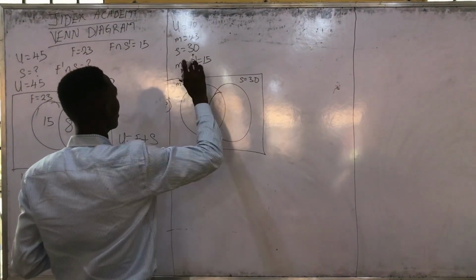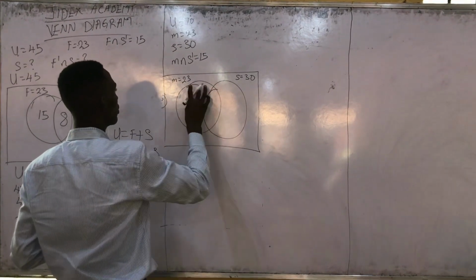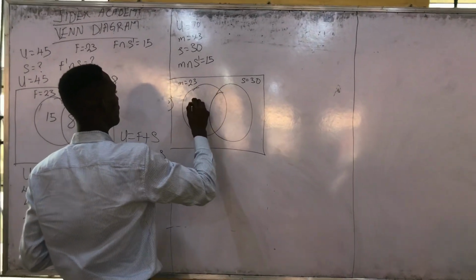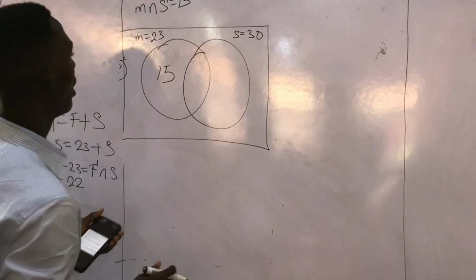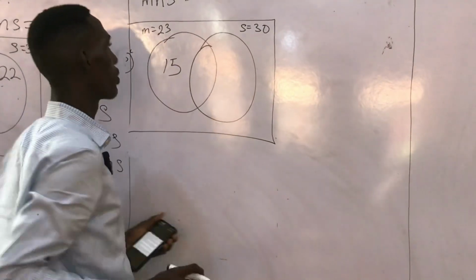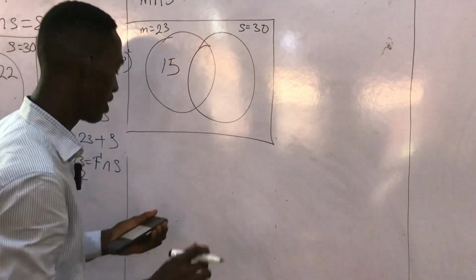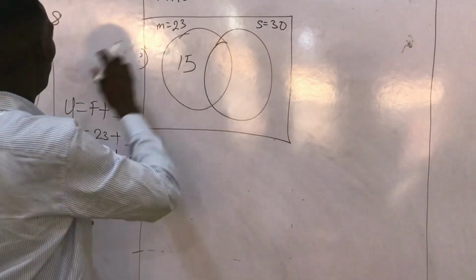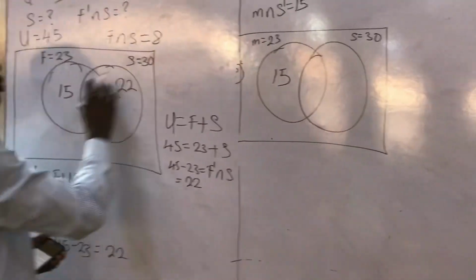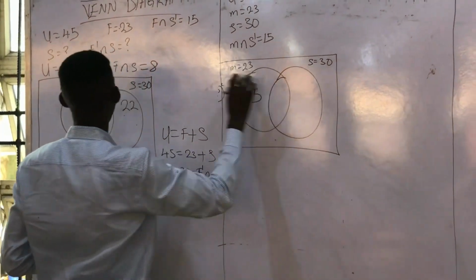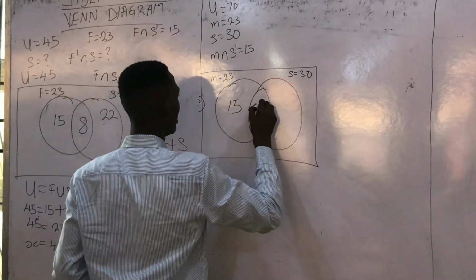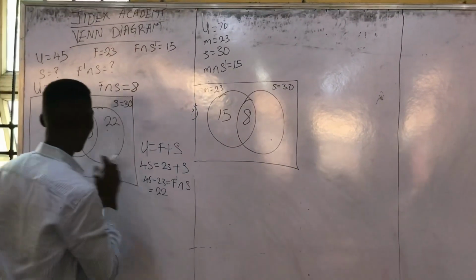And mathematics only is 15. So we were not told how to get our M intersection S and S only, which is our statistics only. From what we did here, to get our intersection, it should be 23 minus 15, and that would be 8. Is this a coincidence?